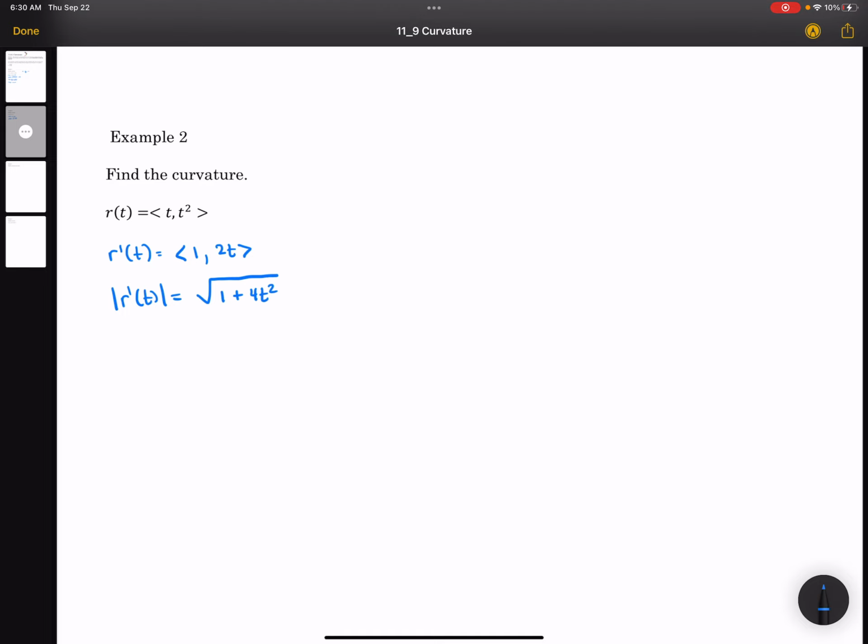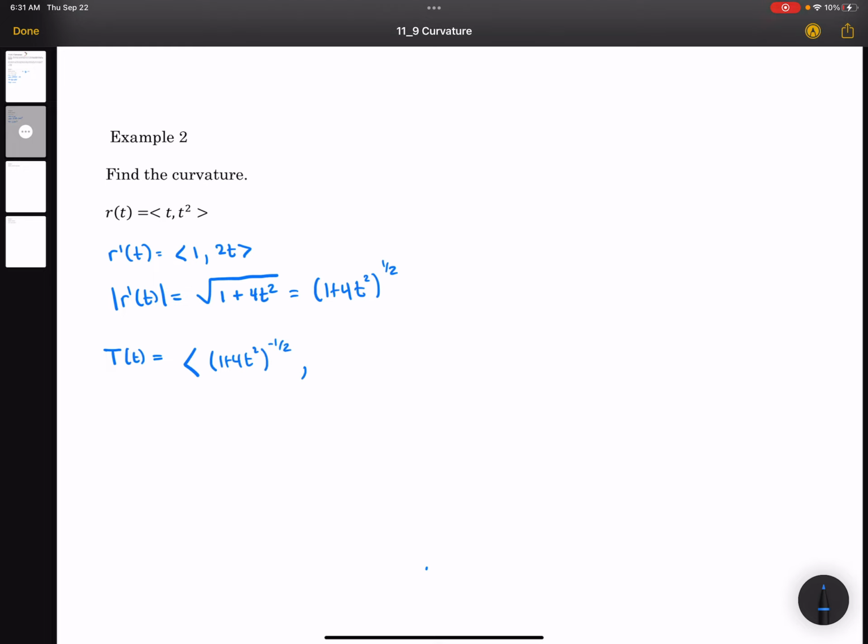And our unit tangent vector T(t) is going to equal 1 divided by (1 plus 4t squared) to the 1/2, which is the same as (1 plus 4t squared) to the negative 1/2 power.